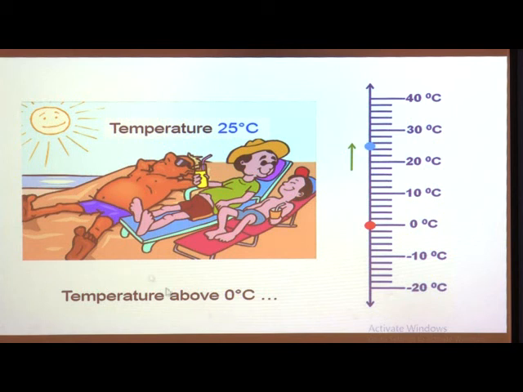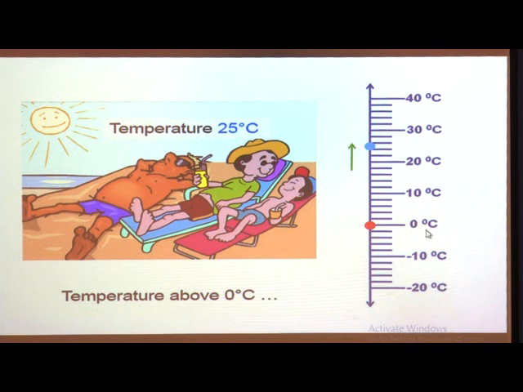Now, you can see the image where it's sunny. The temperature is 25 degrees centigrade. The temperature above 0 degrees centigrade is in increasing order. Now, you can see this scale which we use to measure the temperature.